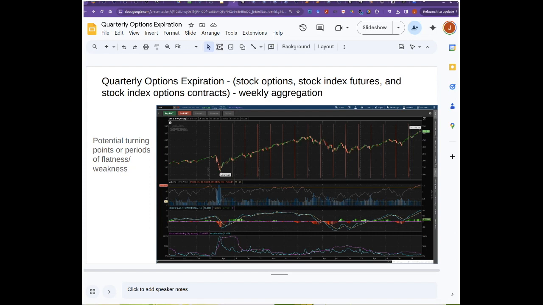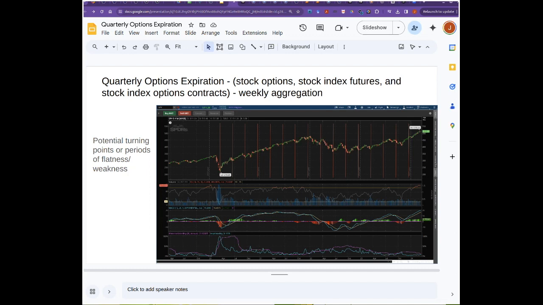So often what happens, you could have a potential change in direction because there are significant changes in dealer hedging flows, but also you can have these periods of weakness. You'll see the market go up and tail off, and then go up and tail off.